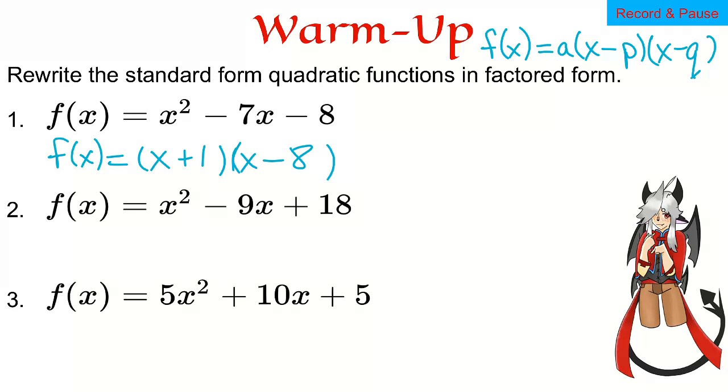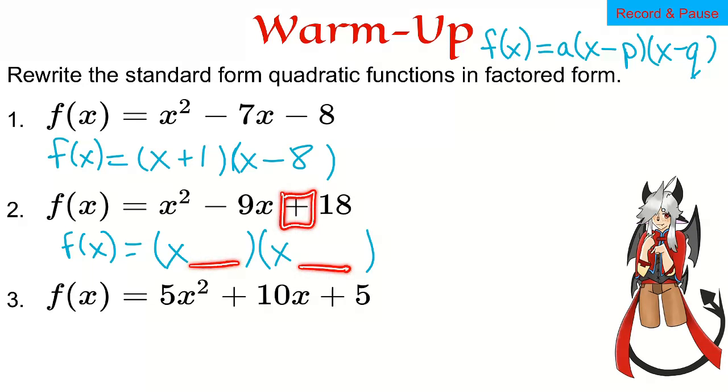All right. So the next function that we're going to factor there, f of x is equal to, and again, a is 1, so we're going to have two binomials with our a value out here, 1. X times x is x squared. Now I notice that this is positive here, so the product of these two has to be positive.